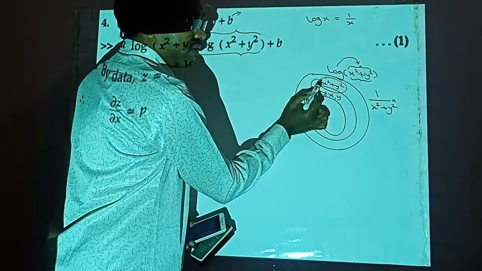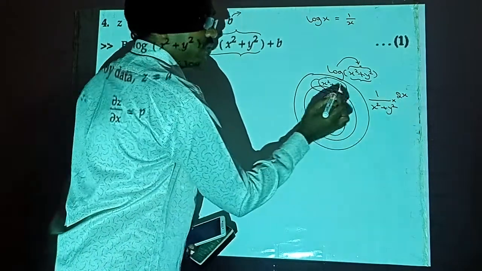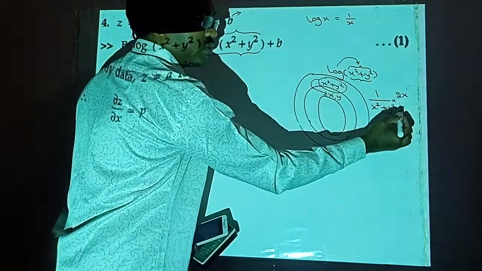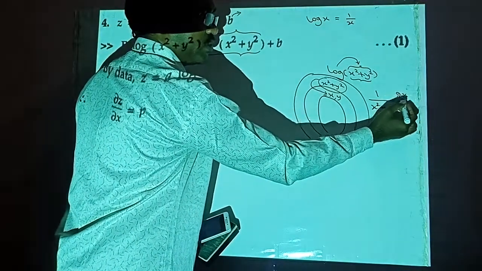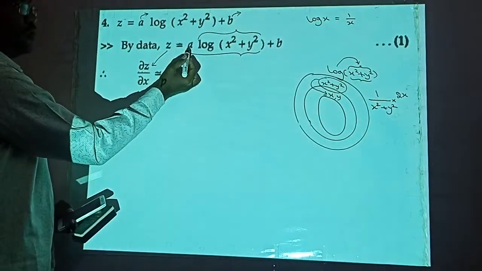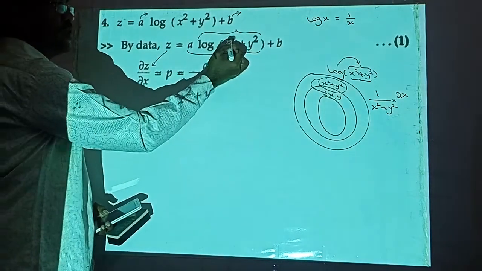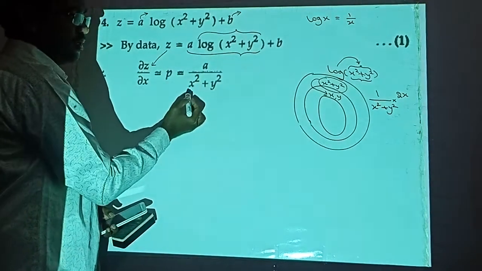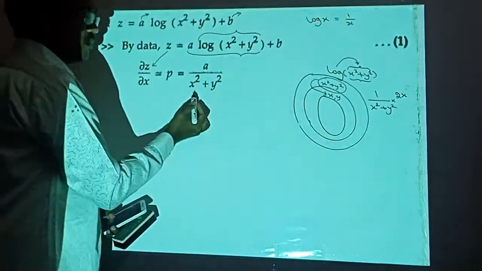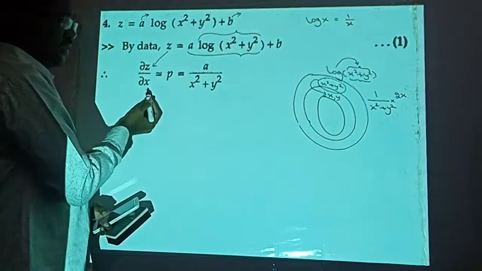What is the differentiation of x square? It is 2x. And what is the differentiation of y square with respect to x? It is 0. So it is just 2x divided by x square plus y square. What we do? A as it is. Differentiation of log with respect to this is 1 divided by x square plus y square, into differentiation of this function with respect to x.